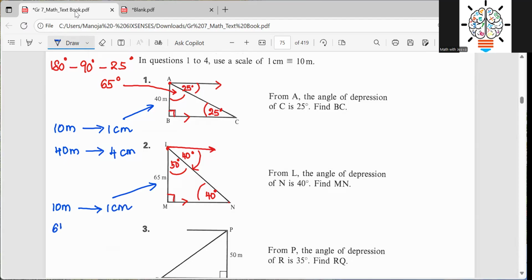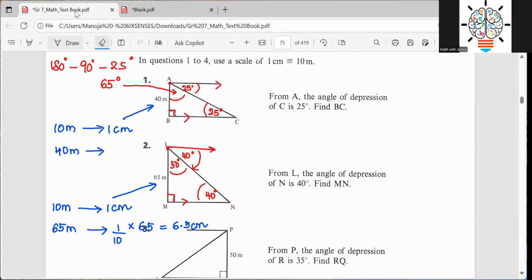If it is 65 meters, what will happen? How do you do this? 1 over 10 multiplied by 65. Then the answer is 6.5 centimeters. Right?